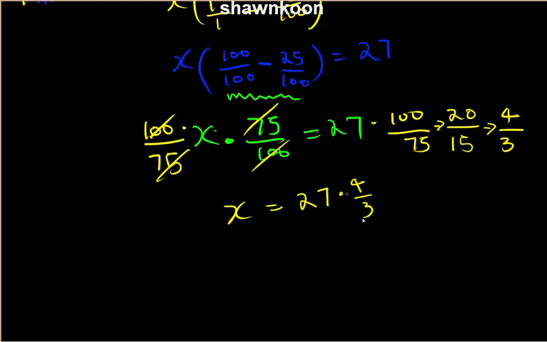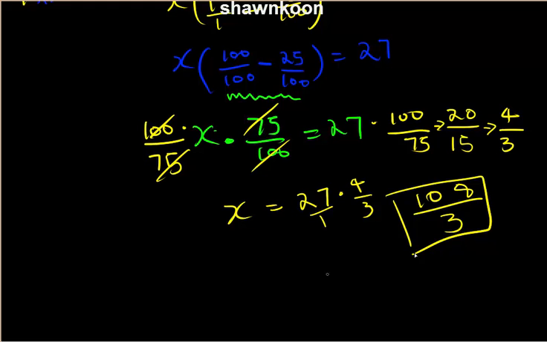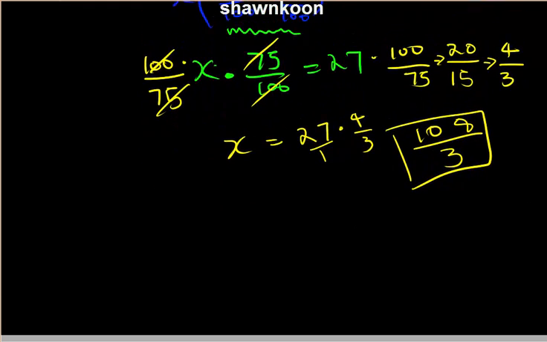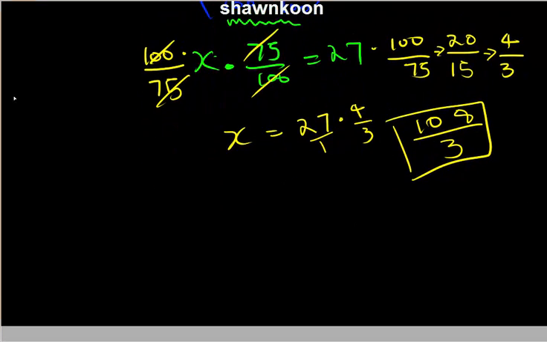So we still have to solve this one. This is over 1, right? And 27 times 4 is 108, and it's over 3. Because this is an improper fraction, we have to change it into a proper fraction, right? So let's do that. 108 divided by 3. 3 goes into 3, 9, 18, and 36.